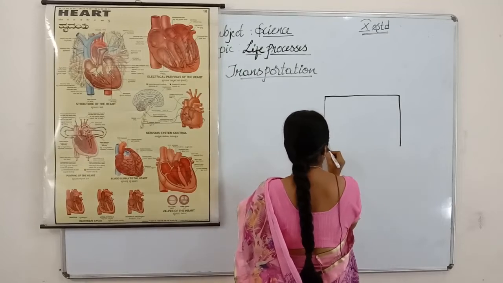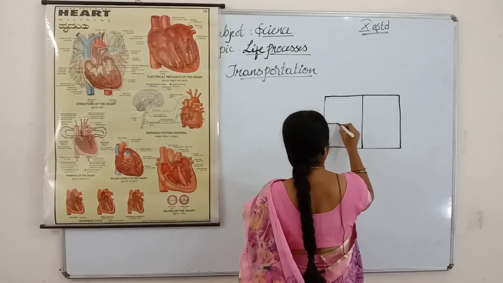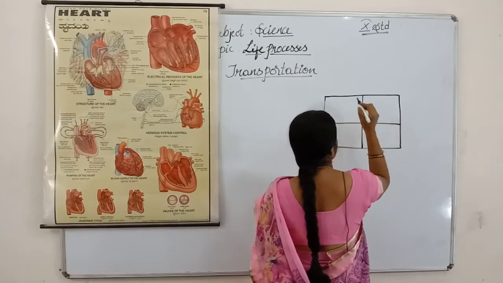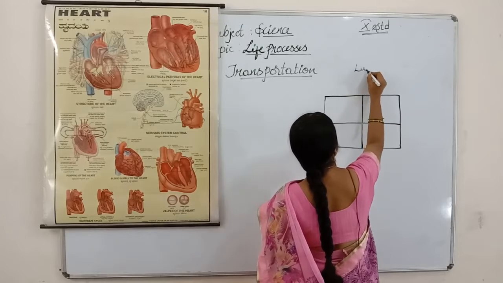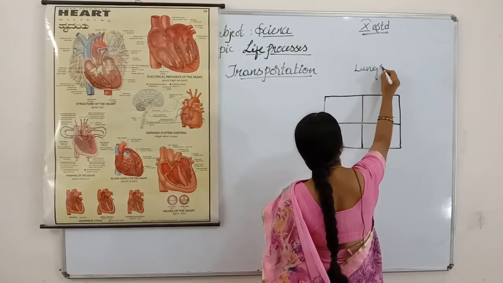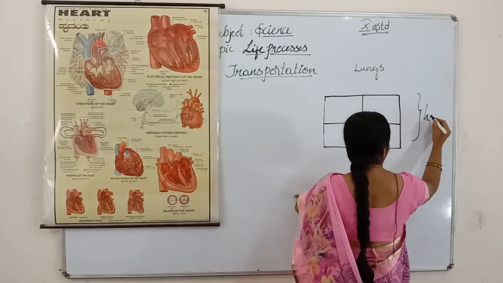This is the block diagram. We have 4 partitions. This is the heart.